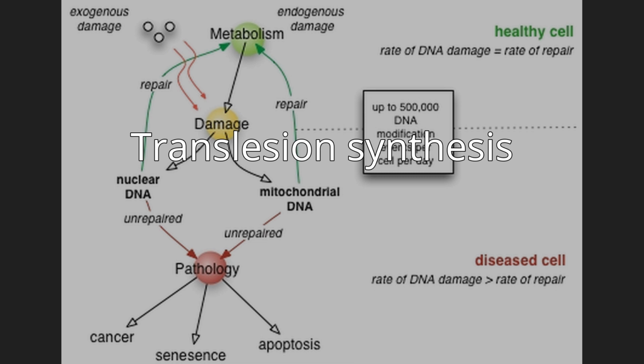A bypass platform is provided to these polymerases by proliferating cell nuclear antigen, PCNA. Under normal circumstances, PCNA bound to polymerases replicates the DNA. At a site of lesion, PCNA is ubiquitinated or modified by the RAD6/RAD18 proteins to provide a platform for the specialized polymerases to bypass the lesion and resume DNA replication.